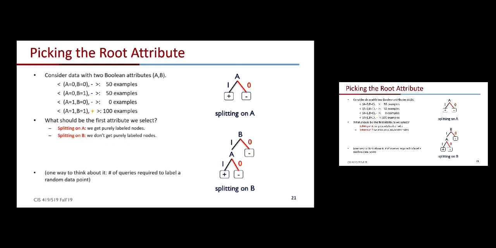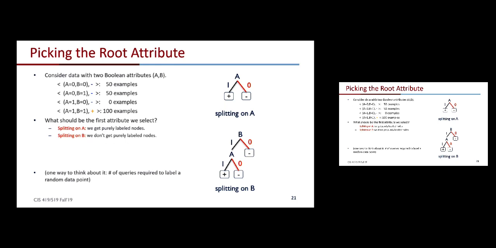You know nothing about this example. Maybe it's pulled from this distribution that I show here, 50 like this, 50 like this, 100 like this. You don't know which example it's going to be, how many questions will I have to ask until I figure out what's the label of this example. So in the top one, clearly it's one question.